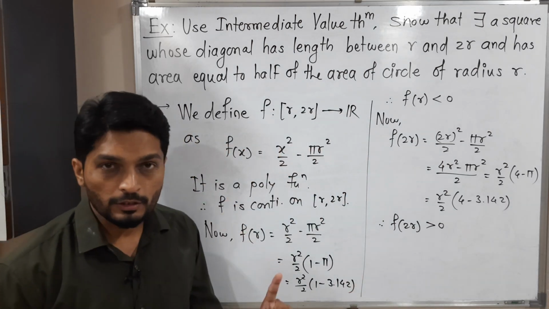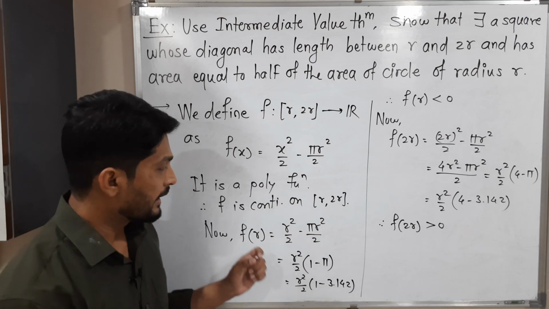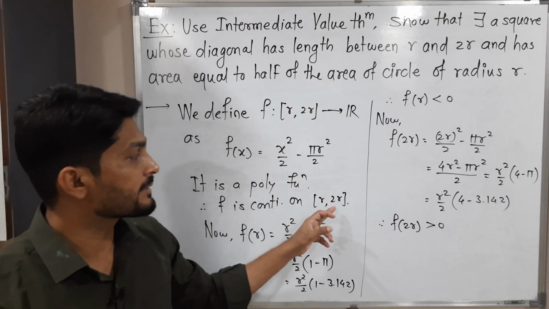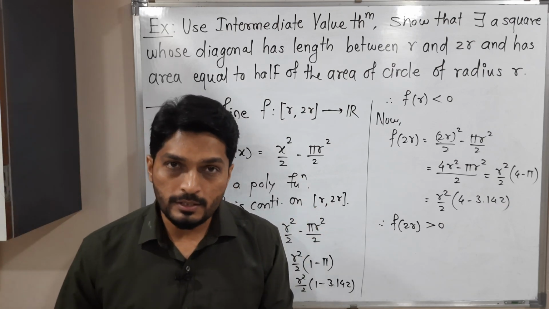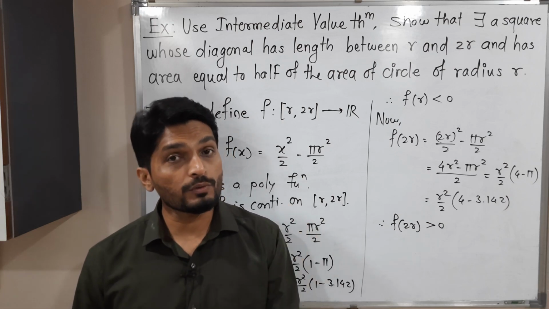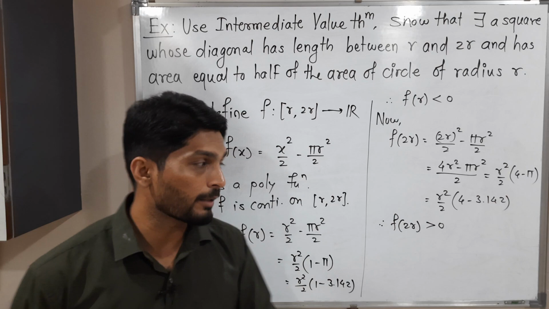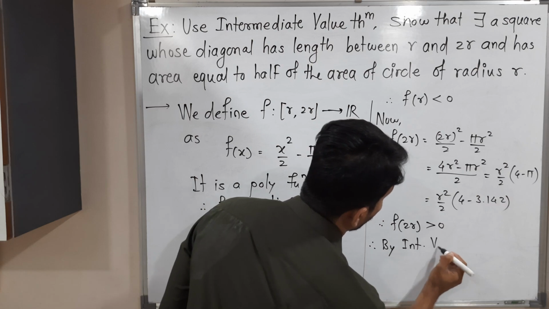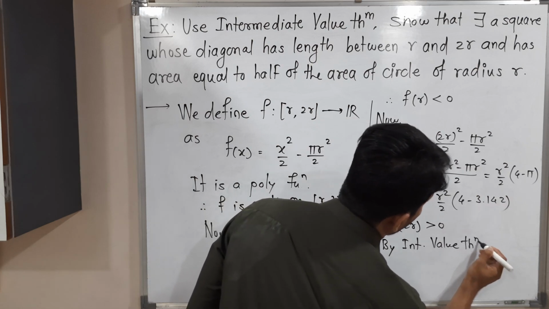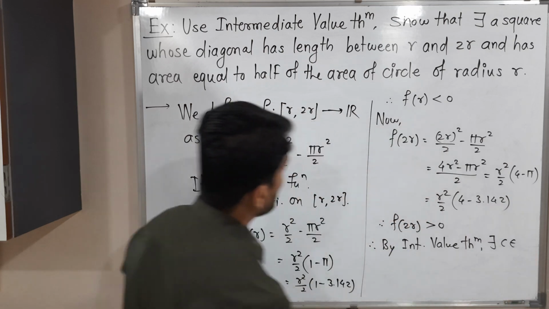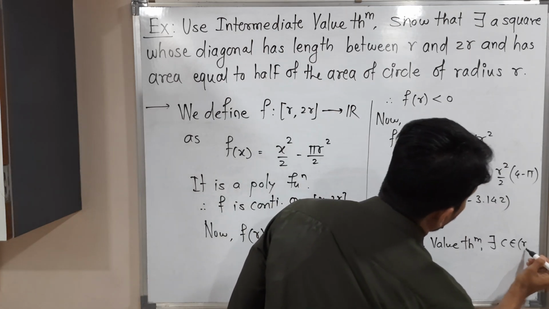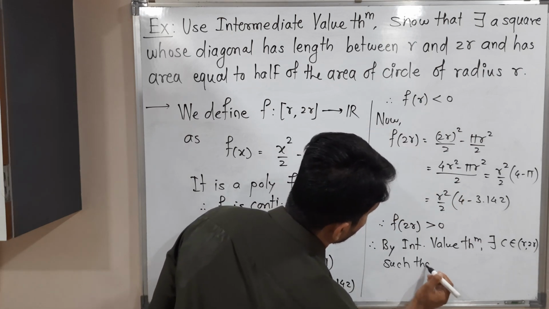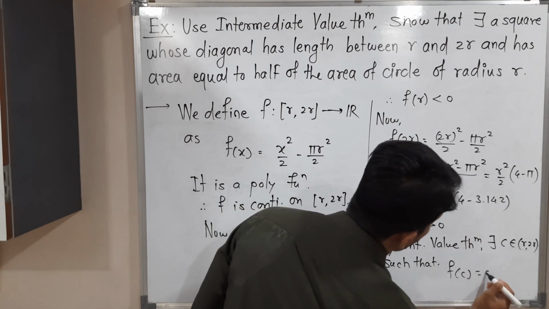See, function is continuous on closed interval r comma 2r, giving a negative value at the first point, that means the starting point, and giving a positive value at the second point, that means the end point. All conditions of intermediate value theorem are satisfied, so that's why we can say, using intermediate value theorem, let me write, therefore by intermediate value theorem, that theorem says there exists some point c in this open interval r comma 2r such that f of c is equal to 0.